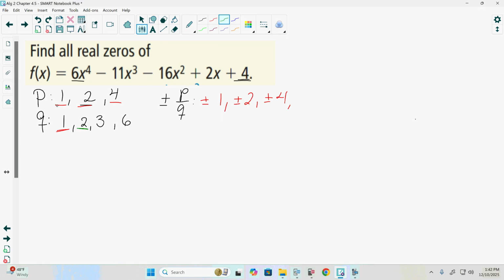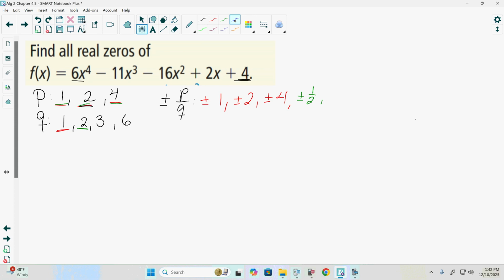Now we're going to divide everything by 2, so we'd have 1 over 2. Doesn't reduce, telling us that we have plus or minus 1/2. Now 2 divided by 2 is 1, and 4 divided by 2 is 2. So those two are already listed. We don't have to write them again.